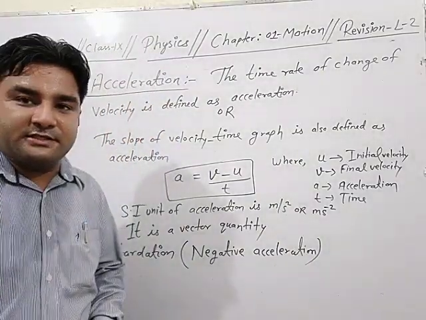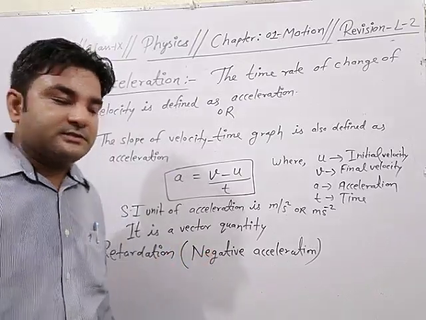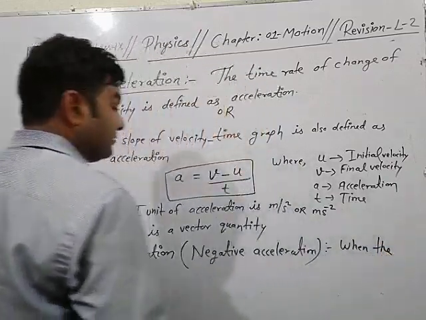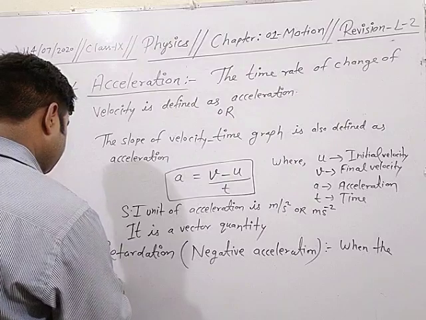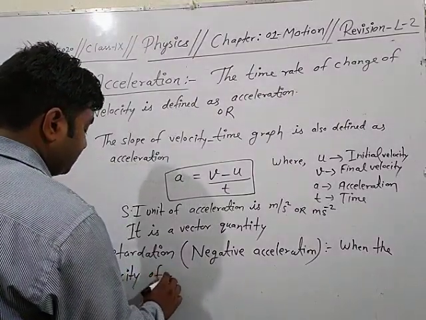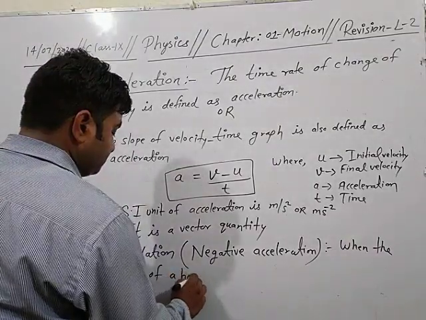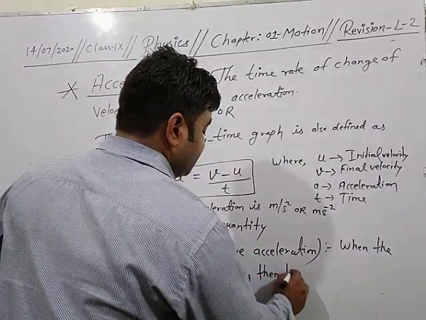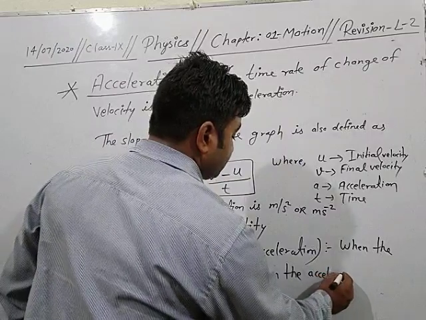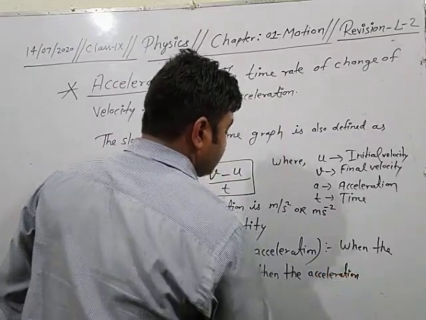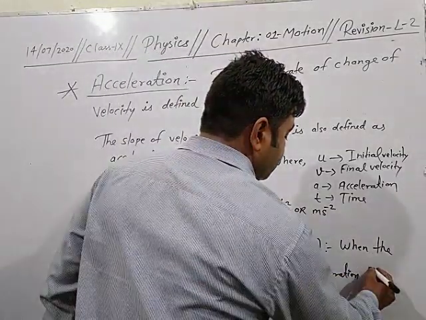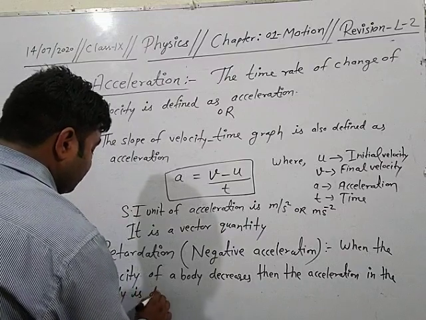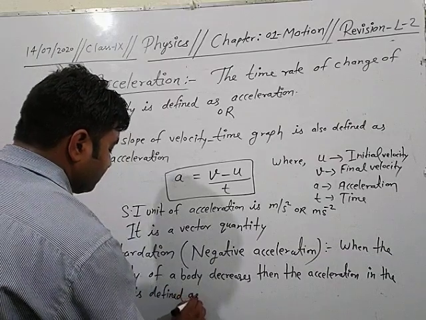Whenever the velocity of a body decreases, then the acceleration produced in the body is defined as retardation.